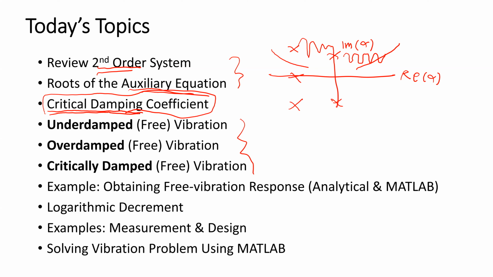We will learn in detail what this variable is, and what value of this variable tells us that the vibration is underdamped, critically damped, or overdamped. Today we will go into the detail of the critical damping coefficient and the three types of free vibration under the effect of viscous damping.